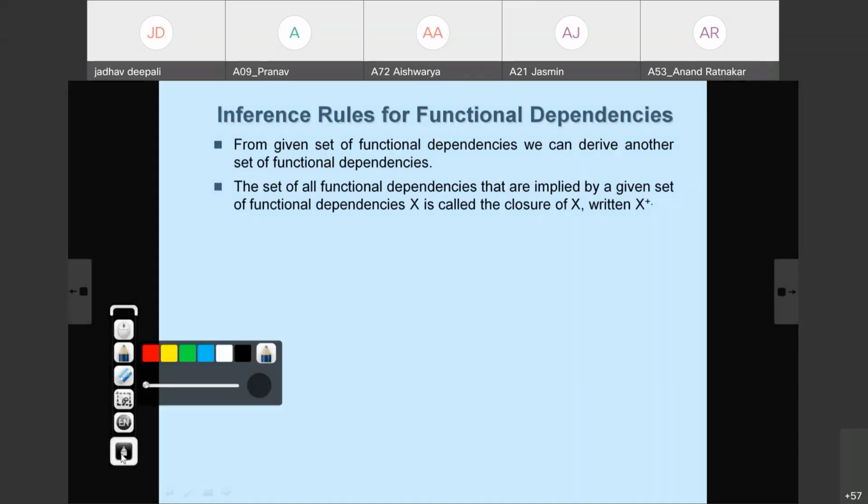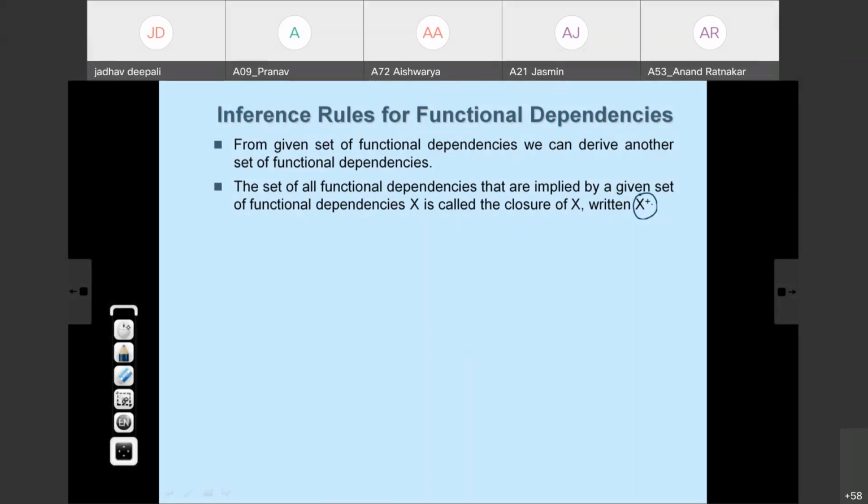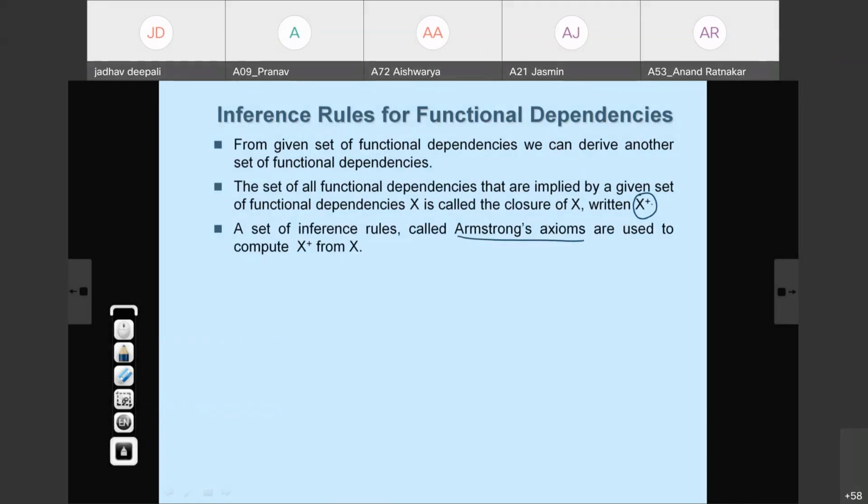We call it the closure of the set of functional dependencies X. There are some rules for how to find this other set of functional dependencies, and they were derived by the scientist Armstrong, and that's why these inference rules are called Armstrong's axioms. These are used to compute X closure from X.